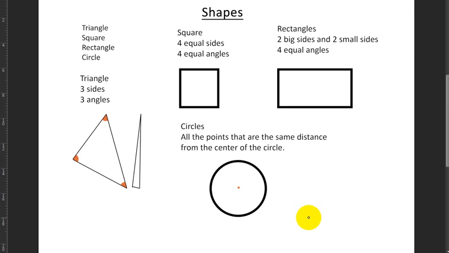Okay. Now, if I measured the distance from the center to any point on the circle, it would be the same. That's what the circle is. It's all the points that have the exact same distance from the center.